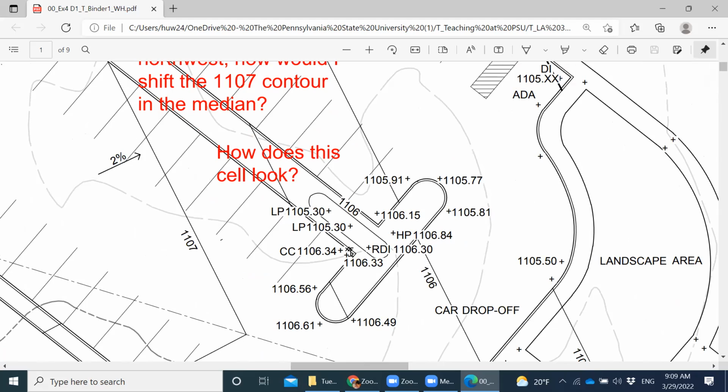So just for me to know, in theory, we have the 1107. Based on the slope of the parking lot, you can't shift it up. You can move the contour in between those junctions with the curb, right?